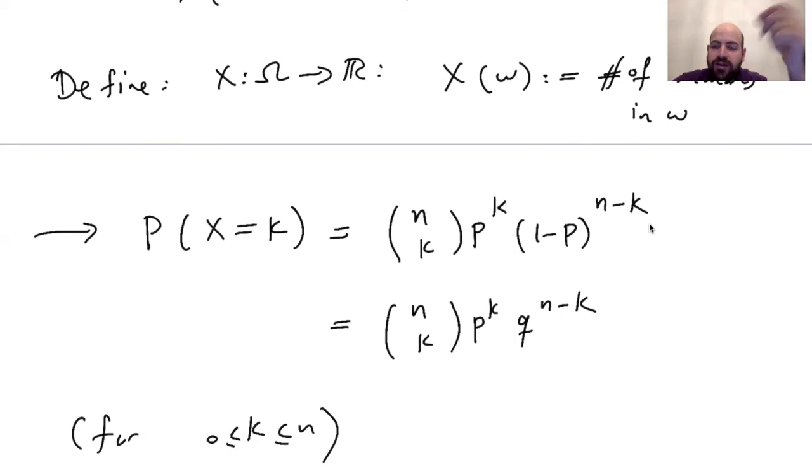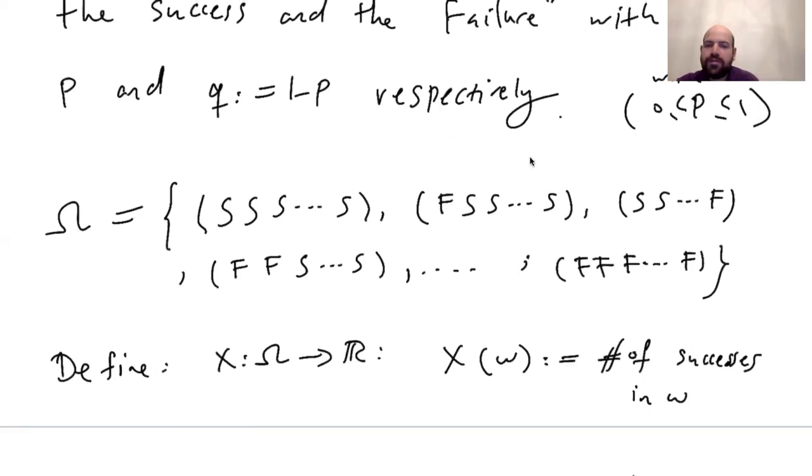For each trial, I'm going to consider one location. So I have N, you can also see it here. First location, second location, and so on. Let's say if you want to have one failure, that one failure can happen in the first location, second location, or the last location.